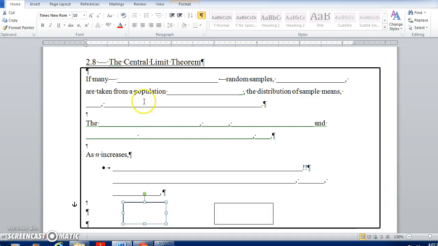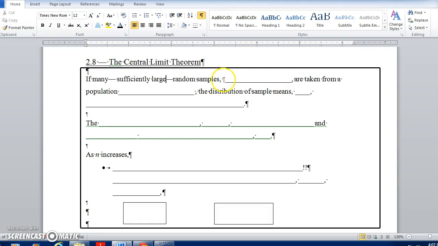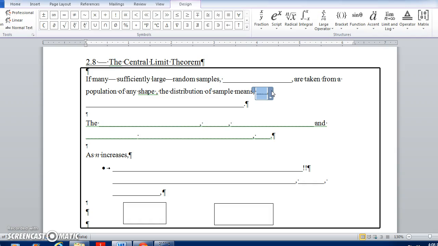So what the central limit theorem basically says is that if you take many sufficiently large random samples, and we won't fill that in, I'm not exactly sure what's supposed to be there, but if many sufficiently large random samples are taken from a population of any shape, and that's very key that it can be any shape, then the distribution of sample means, which we're going to represent by x with a bar over the top, so you remember that we represented the distribution by a capital X. Here we represent the distribution of the sample means by a capital X with a bar over the top.